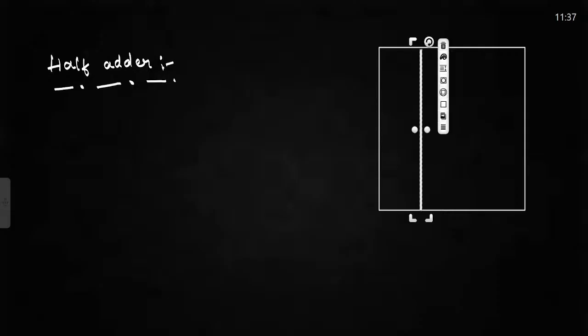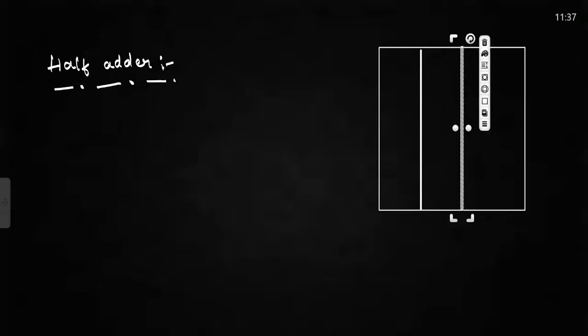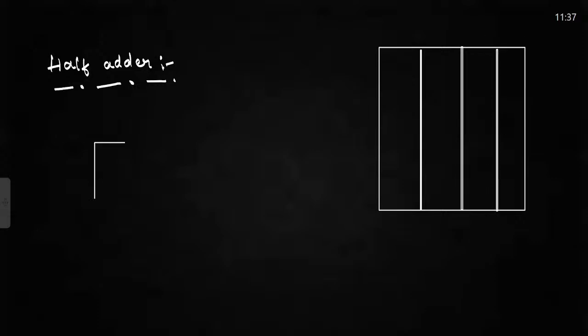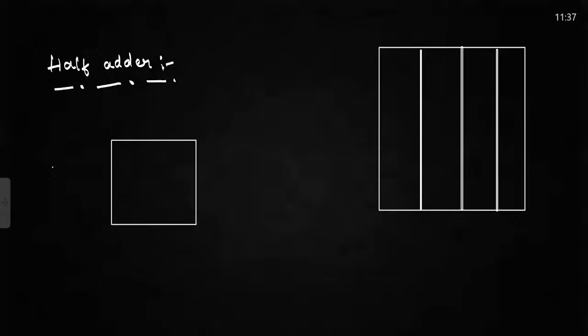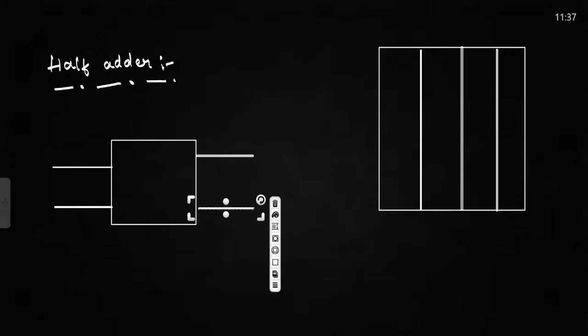X and Y are my input lines. Sum and carry are my outputs. So let us first draw the half adder block. For the half adder block, you will have two inputs and two outputs, that is sum and carry.